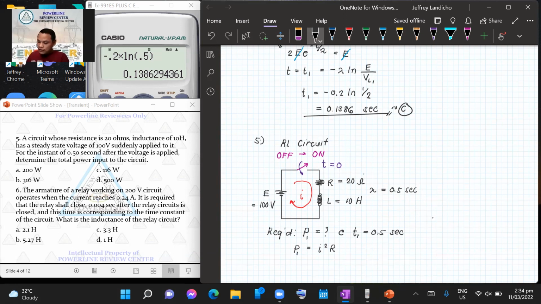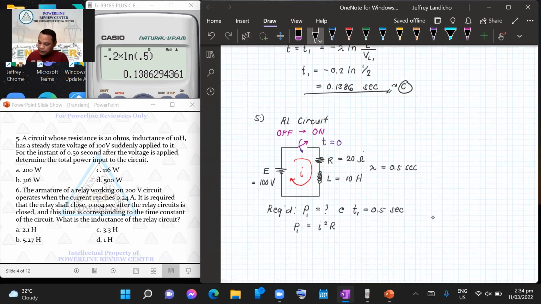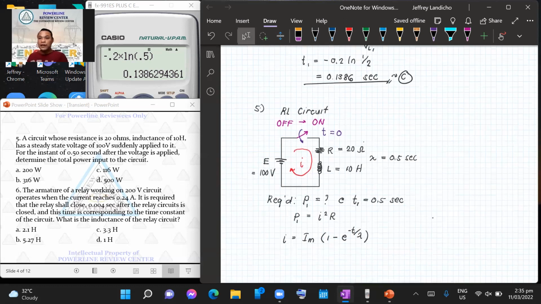Alam na natin that the current is equal to the maximum value of current times 1 minus e raised to negative t over lambda. Okay, so makukuha natin yung ating corresponding current, then squared na lang natin, multiplied by R, we have now the power.